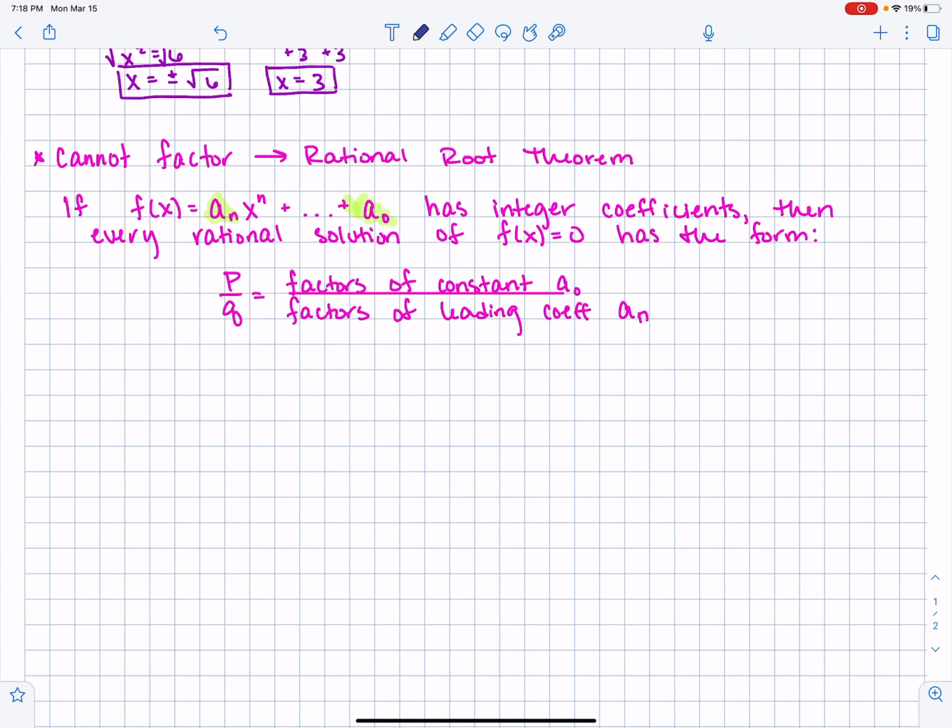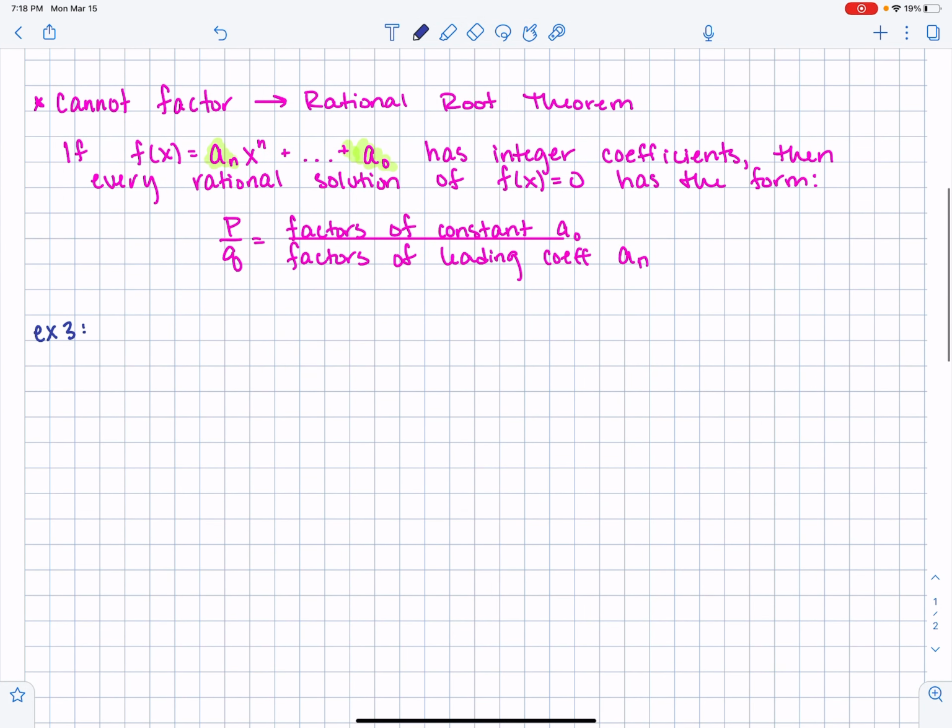I like this blue. We're on example 3, where we have x cubed minus 8x squared plus 11x plus 20 equals 0.